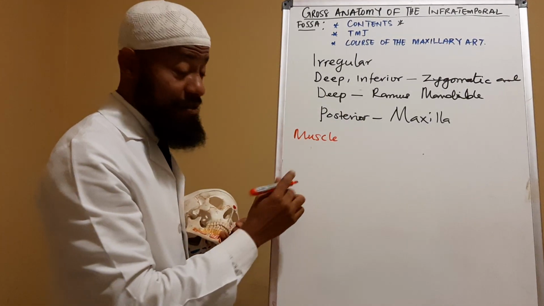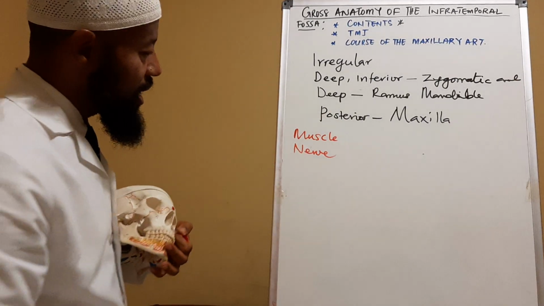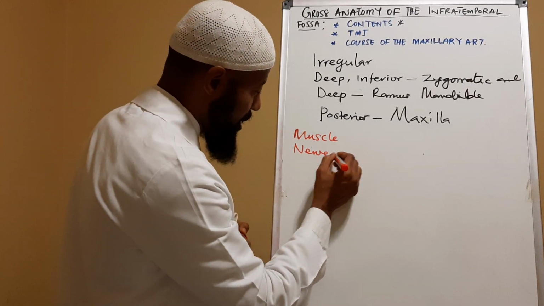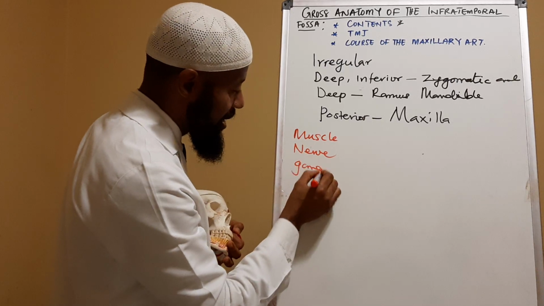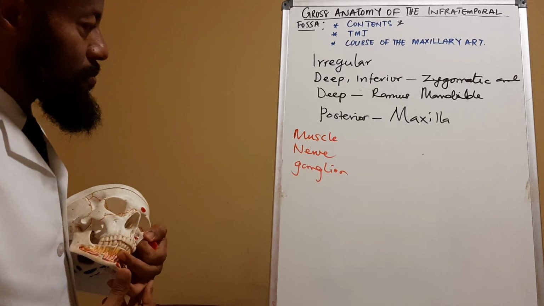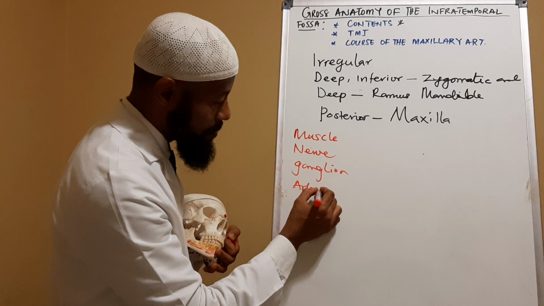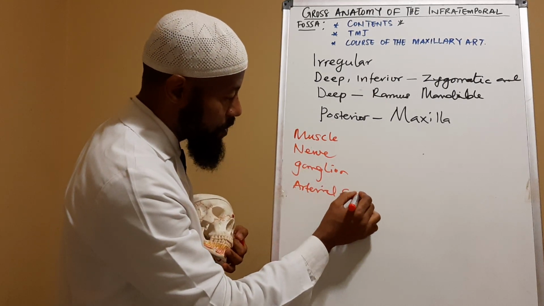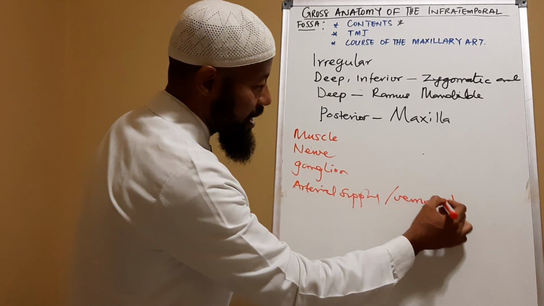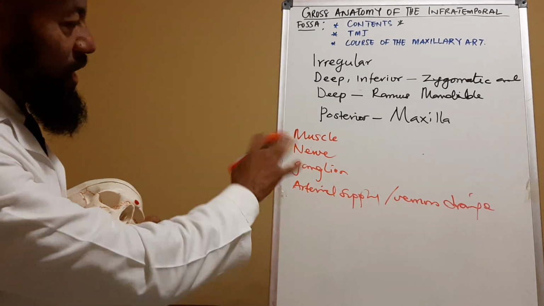These muscles are innervated by nerves, and these nerves have ganglions, so you're going to have a ganglion in that space. Because muscles are there, definitely they will have arterial supply, and of course venous drainage. Makes sense, right? So these are the contents.